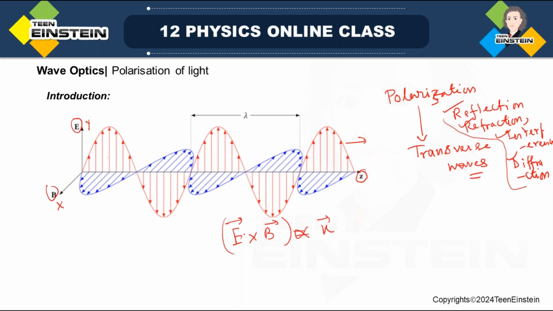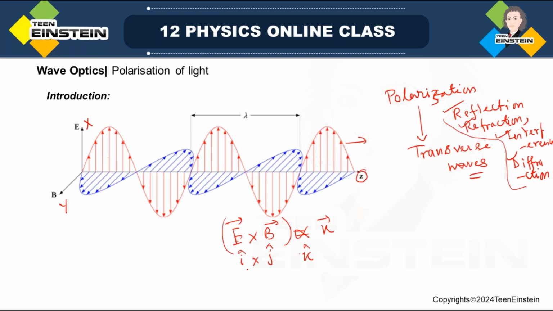I shouldn't take B along the x-axis. If it is propagating along the z direction, then this should be the x direction and this should be the y direction. There is a small correction here. It is i cap cross j cap, which gives k cap.